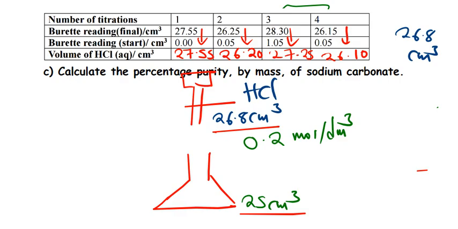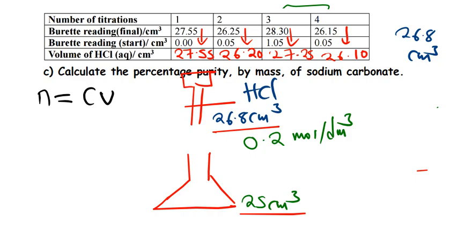So we know the concentration, we also know the volume of the hydrochloric acid required by 25 cubic centimeter portion of the diluted sodium carbonate. So we can find the number of moles of the hydrochloric acid by multiplying the concentration and volume.